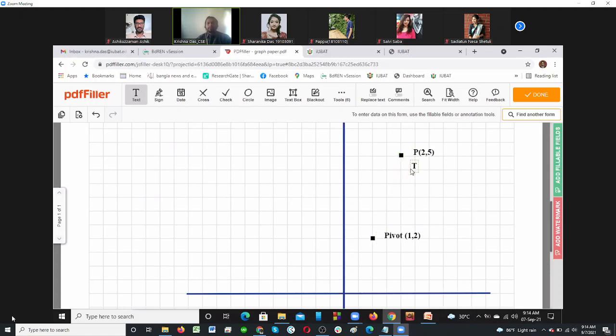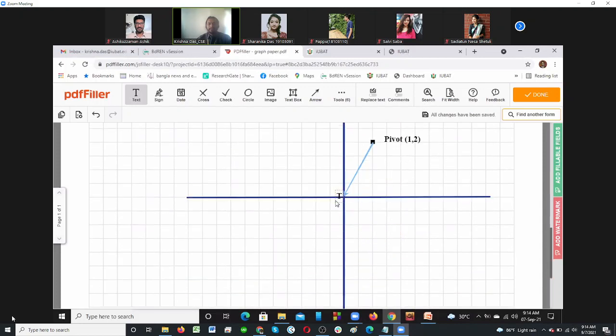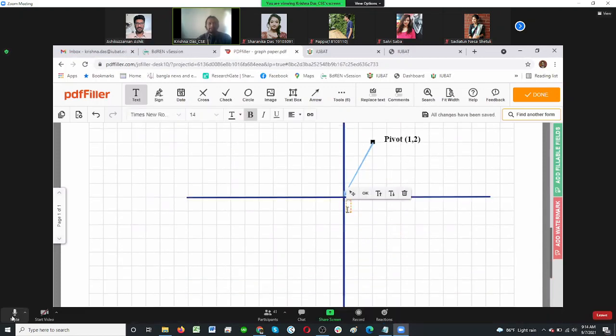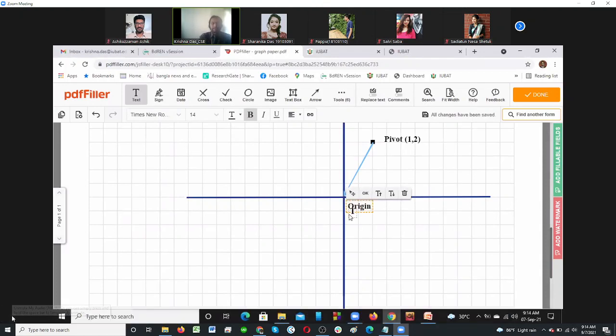But for the composite transformation matrix, what we are doing is first changing the position of the pivot point, bringing it down to the origin with the negative translation factor, so that the origin is now the pivot point.